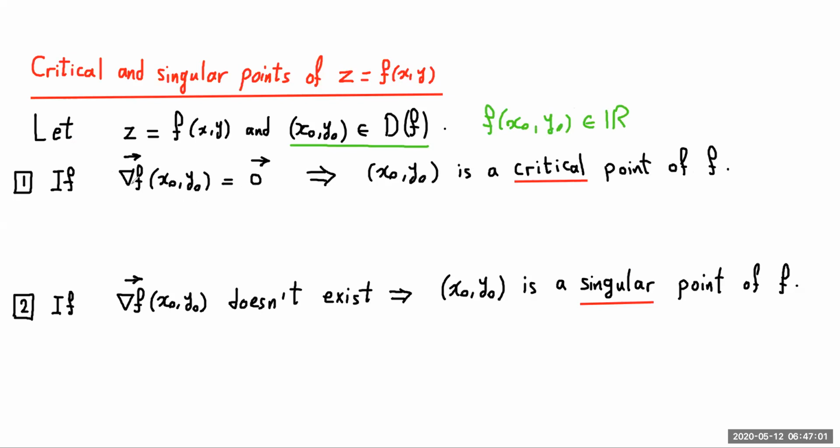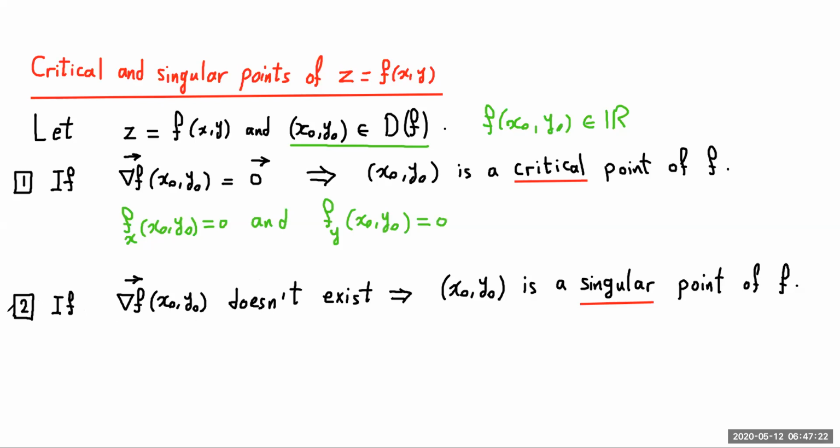So what is the meaning of the gradient equals 0? This means the partial derivative of f with respect to x at (x0, y0) must be 0, and the partial derivative of f with respect to y at (x0, y0) also equals 0.